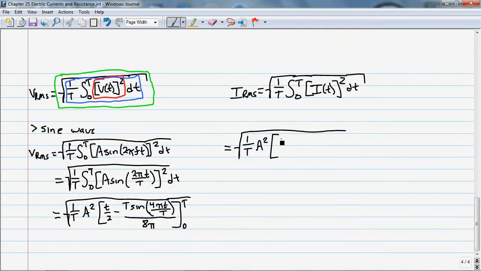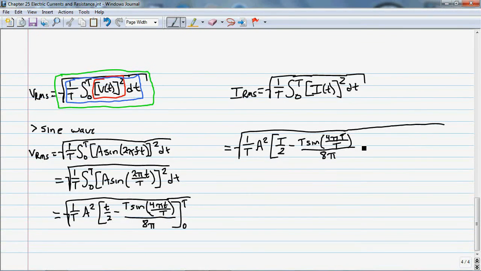So I'm going to have T over 2 minus T sine of 4 pi times big T, substituting big T in for little t, over T, divided by 8 pi. Put 0 in for the first term, that's just 0.